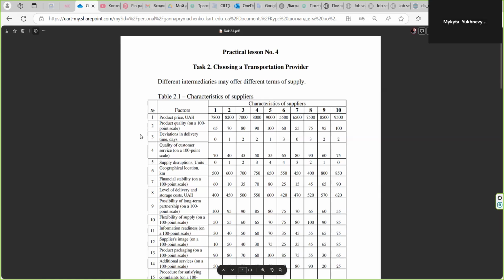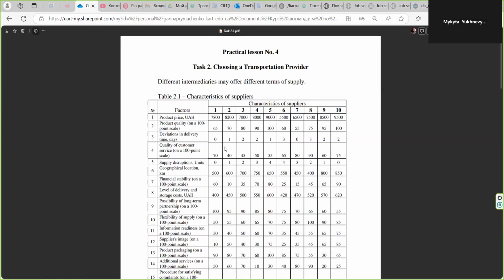We have such factors or characteristics as product quality, so it is the quality of transportation. We rate it on a 100 point scale. For example, the first company has 65 points for product quality, which is about how high our service is. We also have deviation in delivery time in days.